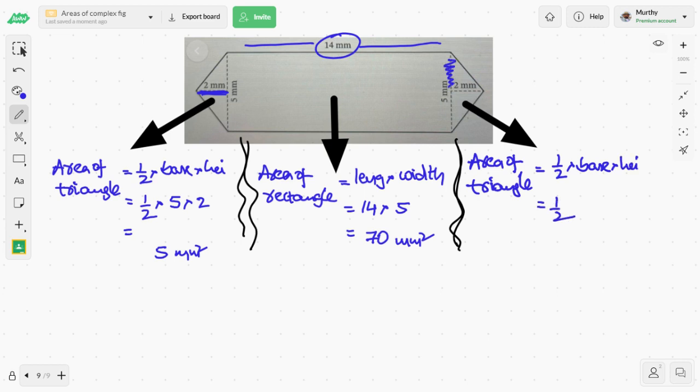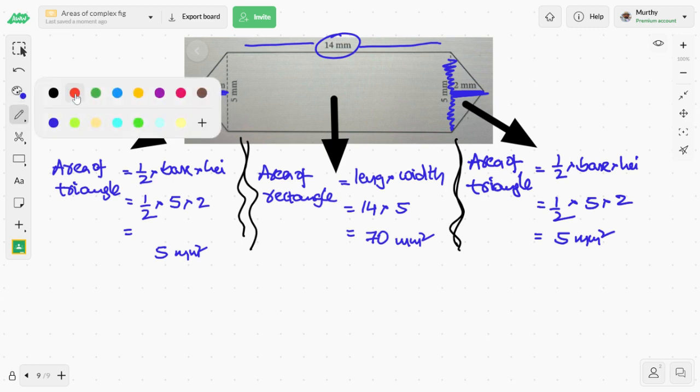The same base as the previous triangle gives me 5 units. Height is 2 units. So half times 5 times 2, that is half of 10. So 5 square units.